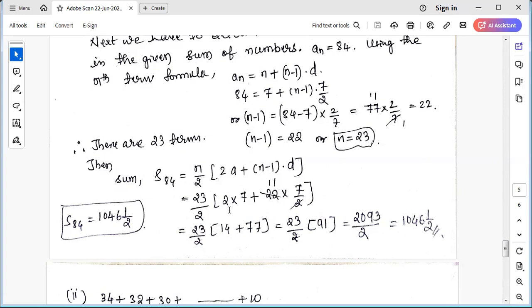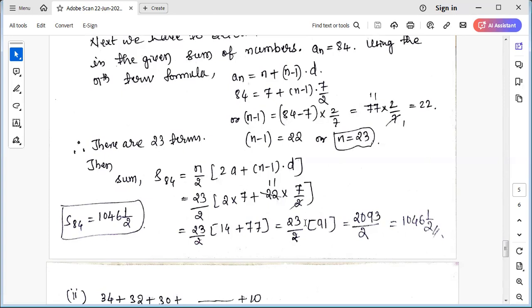23 divided by 2 into 7 is 14, plus 11 into 7 is 77. So this is equal to 23 divided by 2 into 14 plus 77, which is 91.